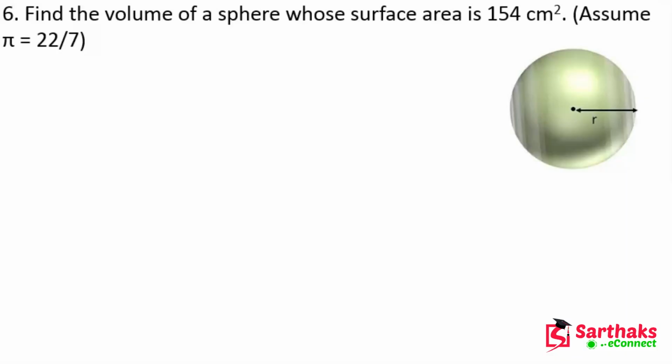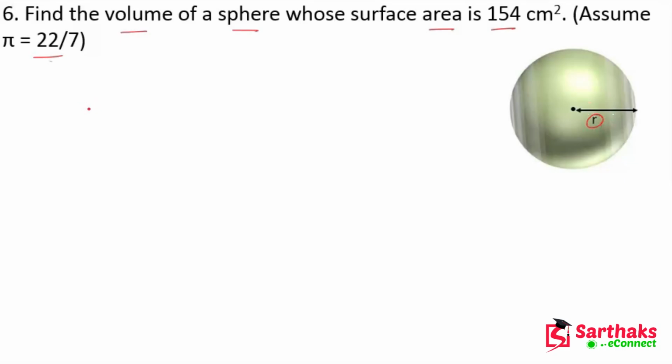The next question is, find the volume of a sphere whose surface area is 154 centimeter square. Assume pi is equal to 22 upon 7. For finding the volume, we first have to find the radius of this sphere.